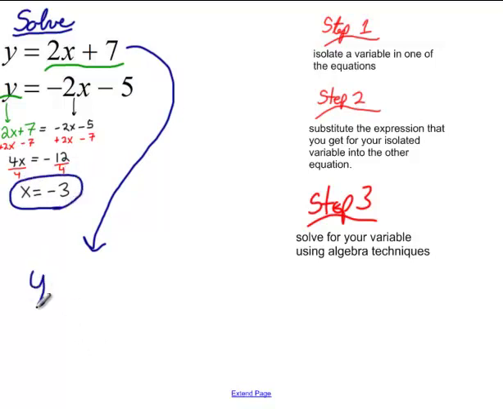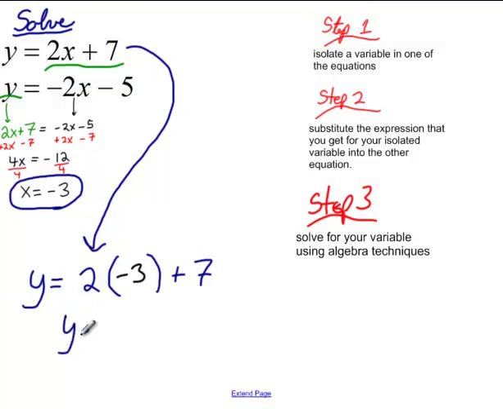So I have y is equal to 2, with a parenthesis right here for now, plus 7. Notice this is the equation from up top, y is equal to 2x plus 7. However, I know that my x is equal to -3. So instead of putting an x there, I'm going to put in a -3 and solve.